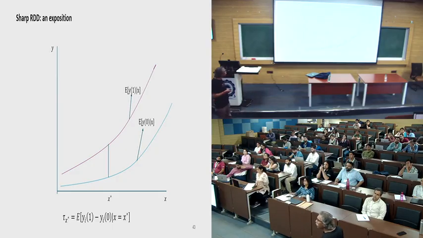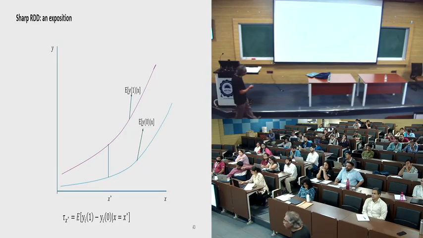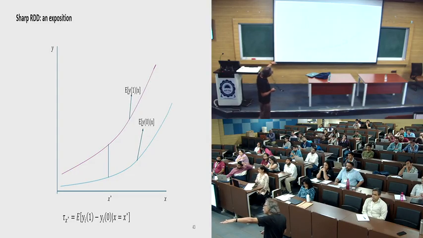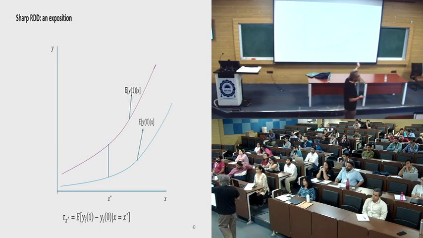Sharp RDD, look at this diagram. You have expected value of y1 conditional on x and expected value of y0 conditional on x, and this is nothing but x star. Right? So note the two functions or the two curves both have different intercepts along with different slopes.